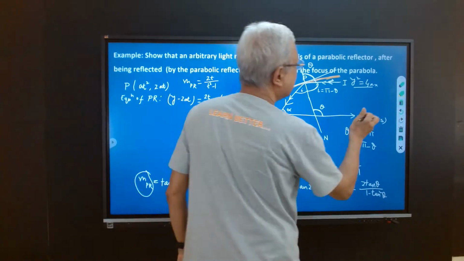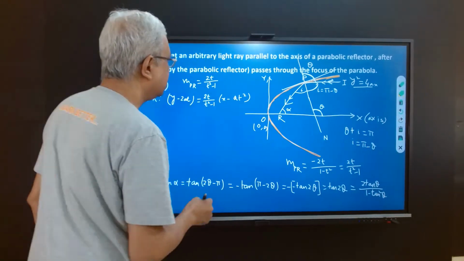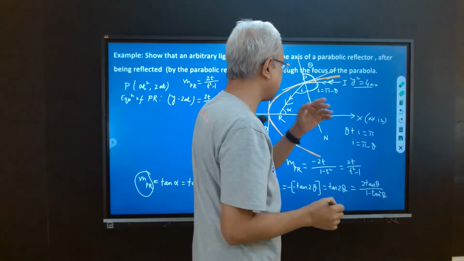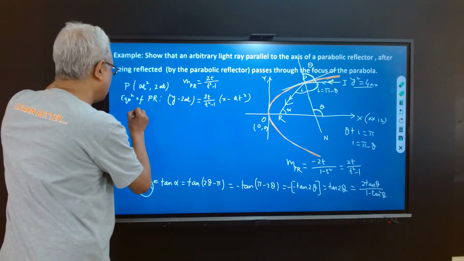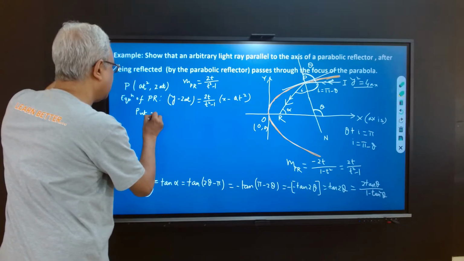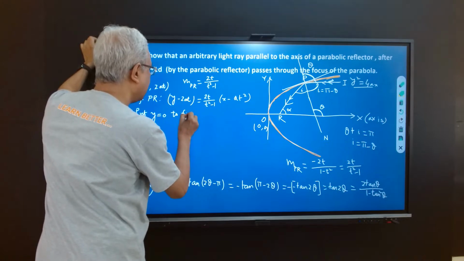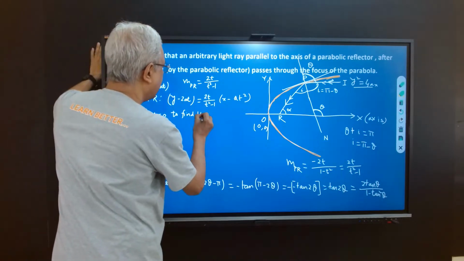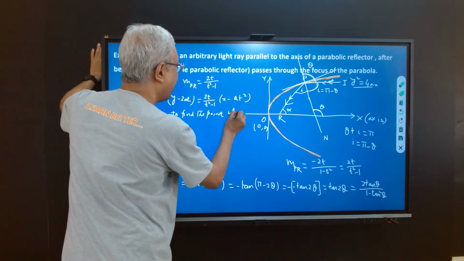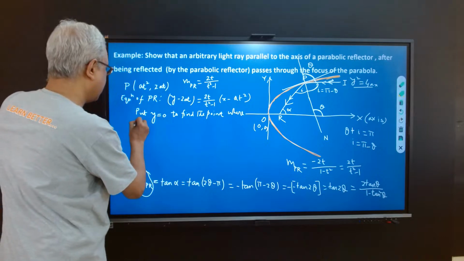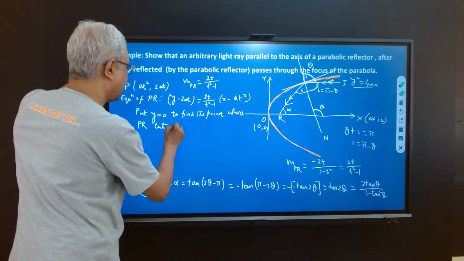Now let us find where this line cuts the x-axis. So put y equal to 0 to find the point where PR cuts the x-axis.